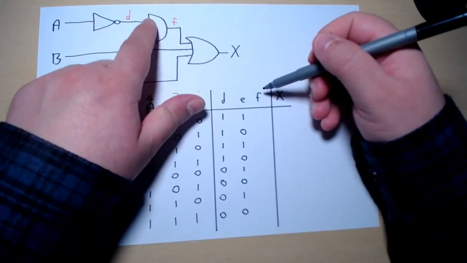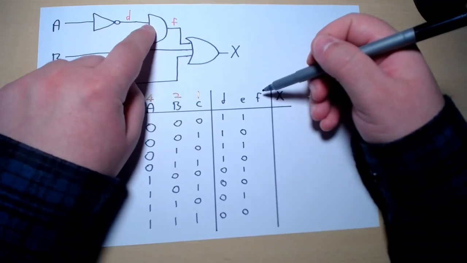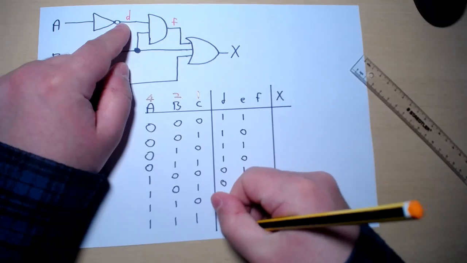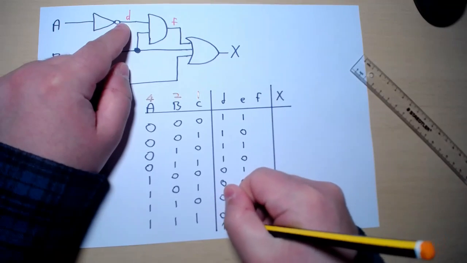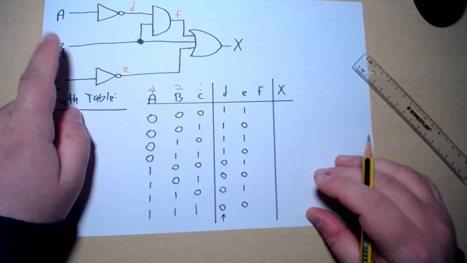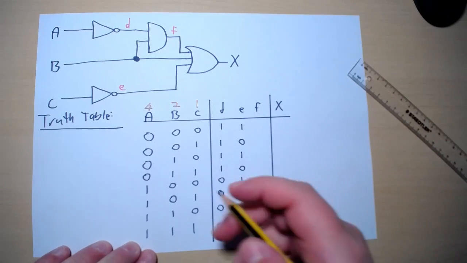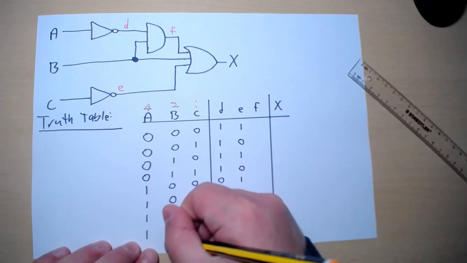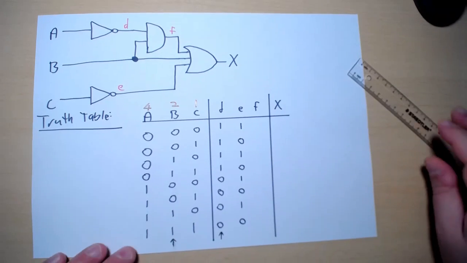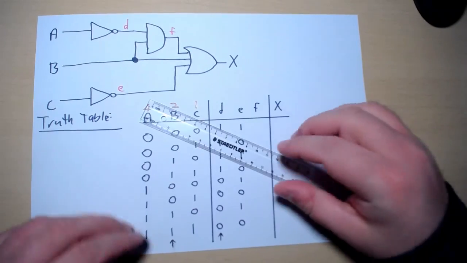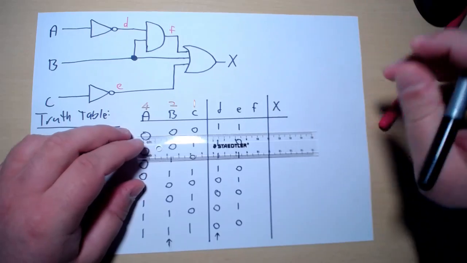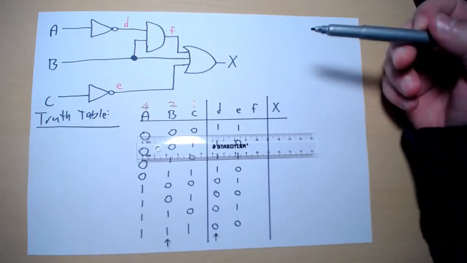F is an AND gate, and it's the AND of D, so it's this column, and B, so it's that column. So now we have to focus on these two, on this column and this column, and work out the AND gate.